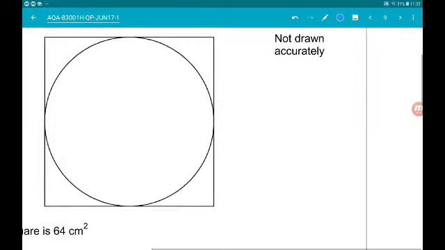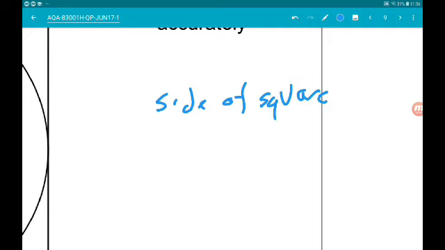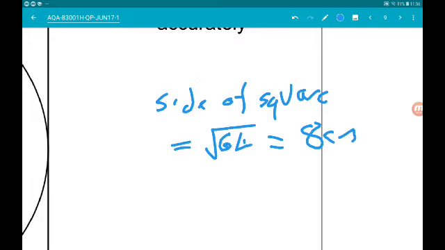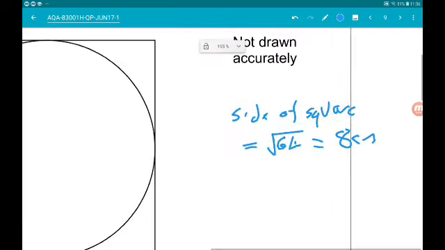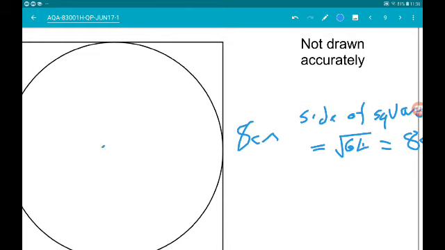Now the side length of the square is the square root of 64, which is 8. And that's going to be centimetres. So if the square has a length of 8, then the radius is half of that, which is 4.